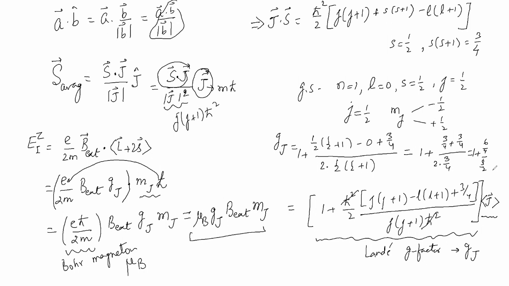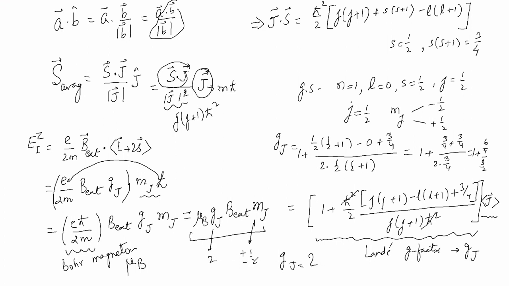Gj will turn out to be equal to 2. If Gj is 2 and Mj is plus half or minus half, then this is how much?